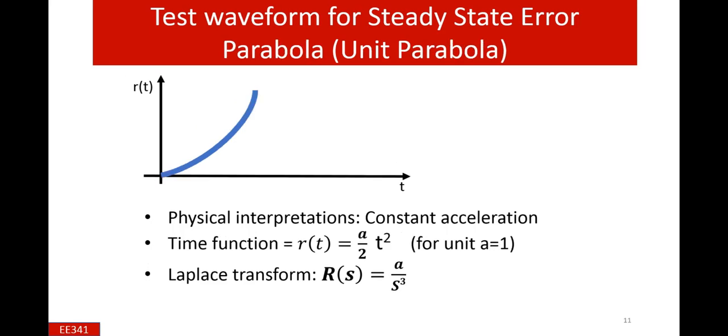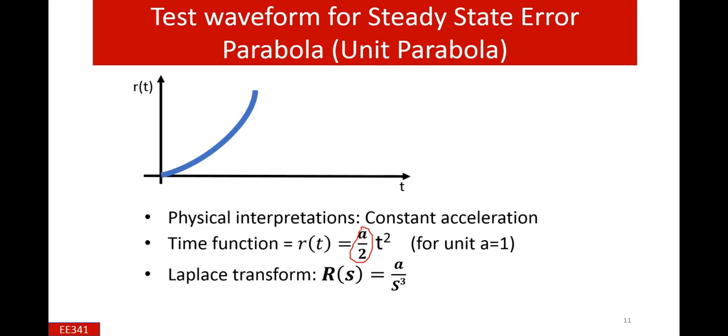Parabolic input is also used to analyze the steady state errors, and this is the constant acceleration input, and this is the representation of a function a over 2 times t square.